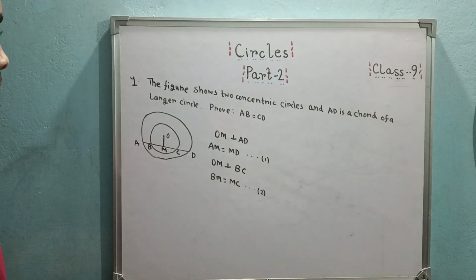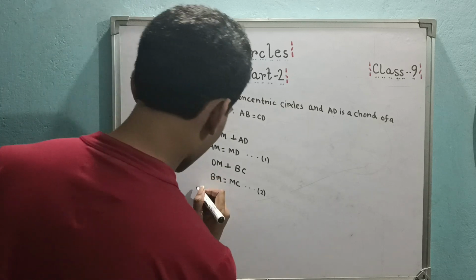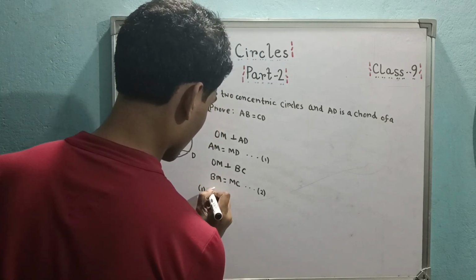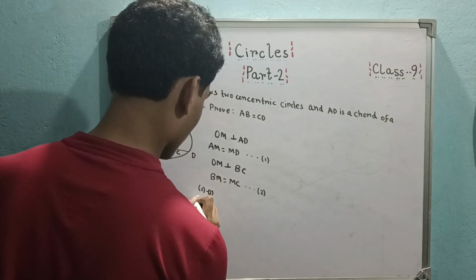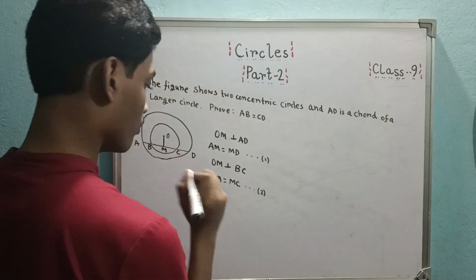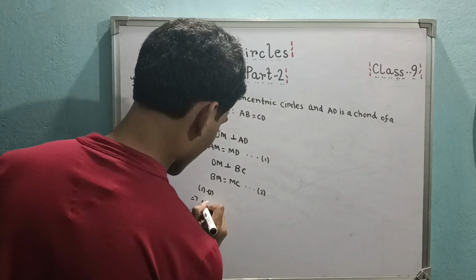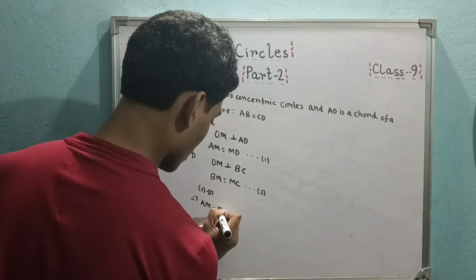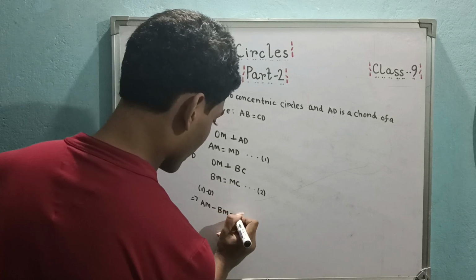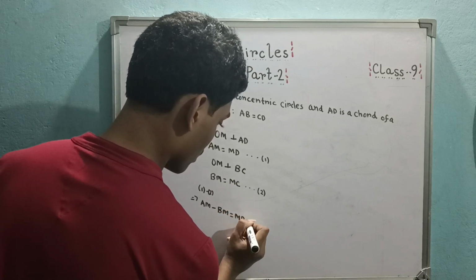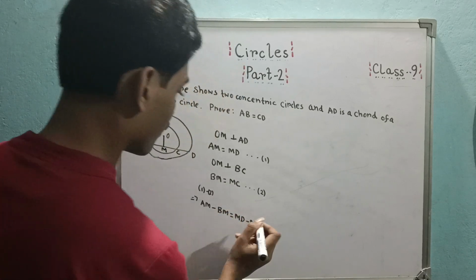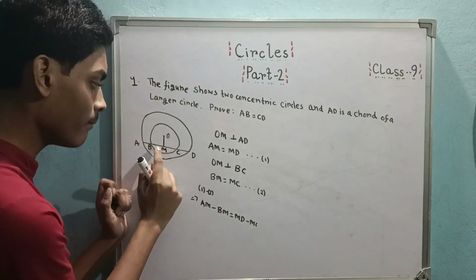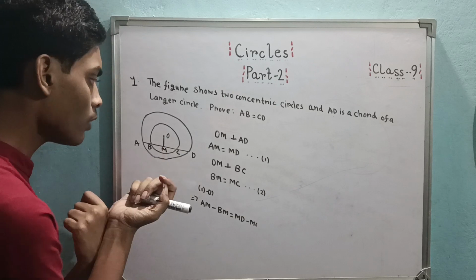Now let's do equation 1 minus equation 2. So AM minus BM equals MD minus MC. If you observe, from AM if you remove BM, what do you have?